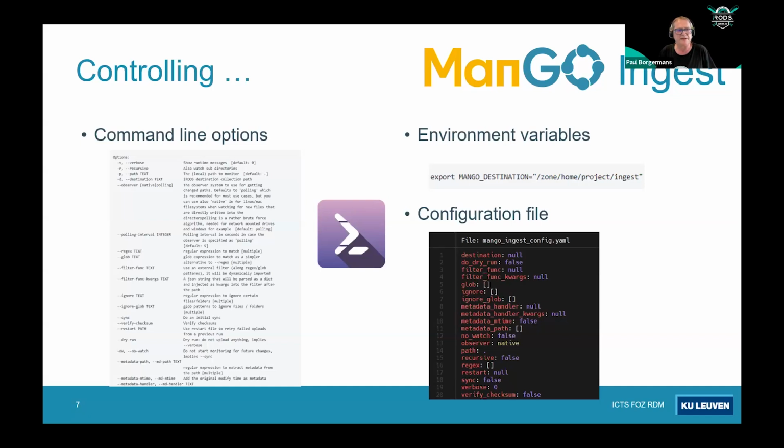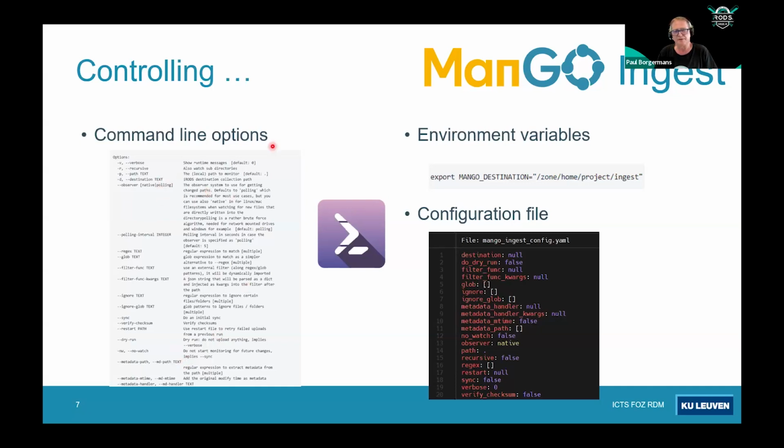And by virtue of click, we have several options to control ManGO Ingest. The first and foremost is, of course, command line options, which you can see here on the left. This is a screenshot of the output of ManGO Ingest when you call the help function. You see there are many options.